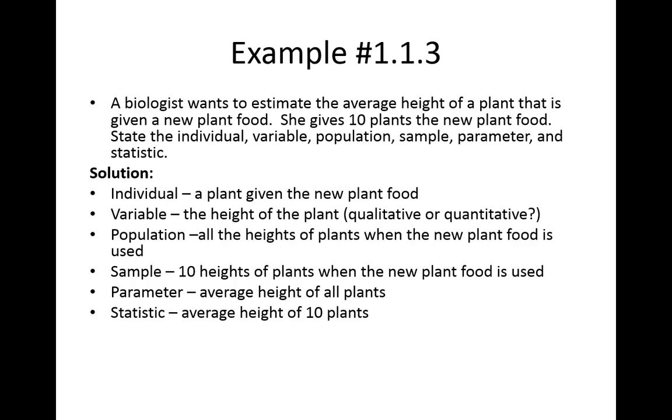So in this particular case, we are computing the average height. To compute an average, I have to collect a bunch of numbers and divide by how many of them there are. And so I know that my variable has to spit out quantitative data so that I can compute an average.